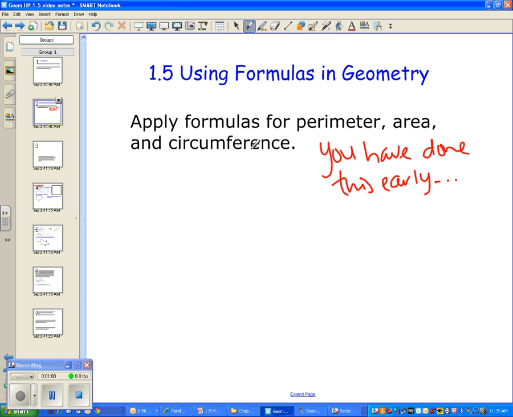And this is something I was talking about earlier: I'm just asking you to apply these things. Just apply them. In calculus, you actually get to derive them. Yay! Which is really fun, and I'm excited for you to learn how to do that. So today we're just going to be applying them. Let's see, perimeter, area, and circumference.